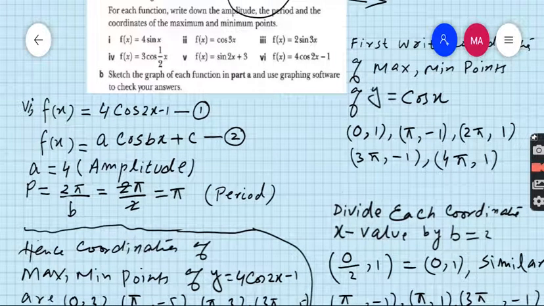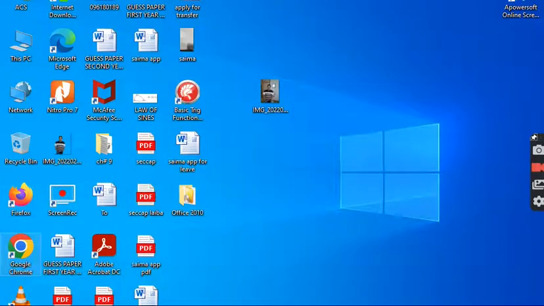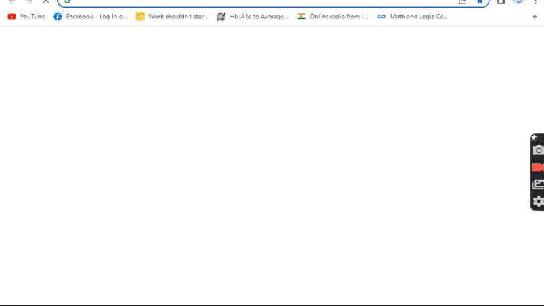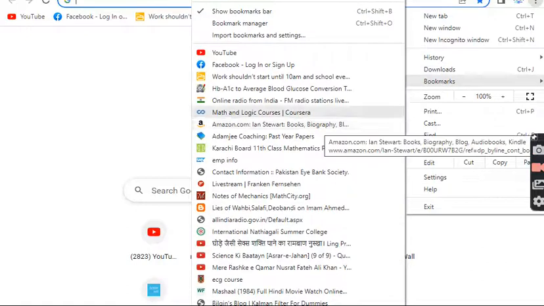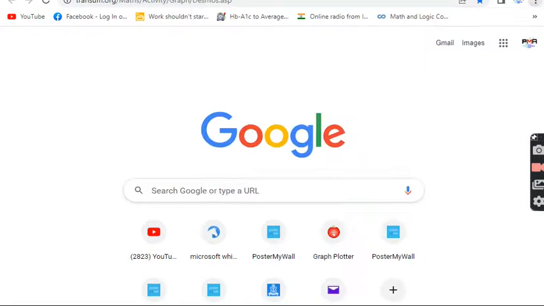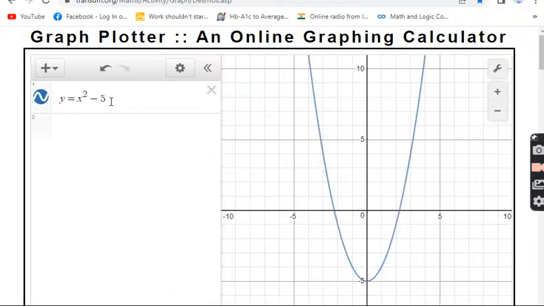See part B, sketch the graph of each function in part A and use graphing software to sketch your answers. Okay, don't worry. This is our online graph plotter.